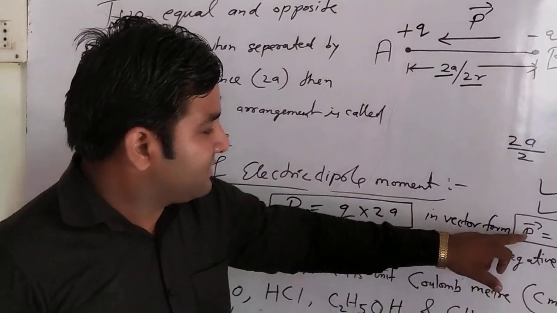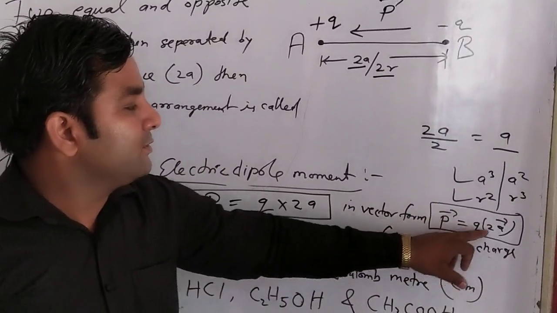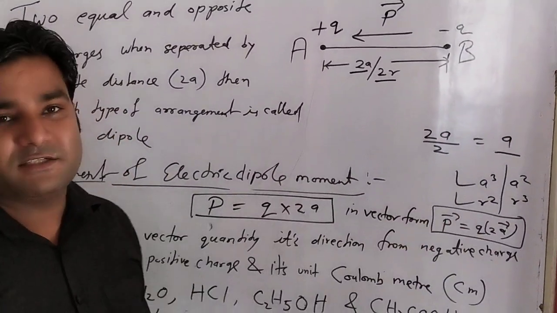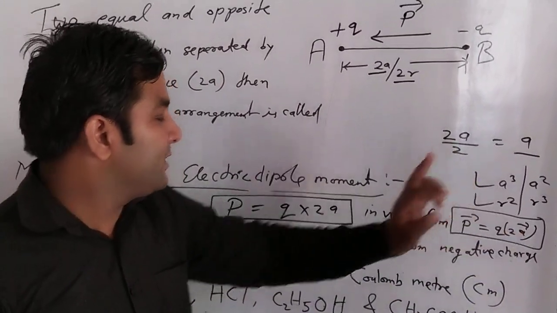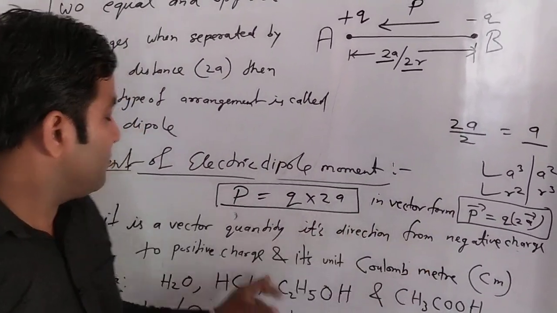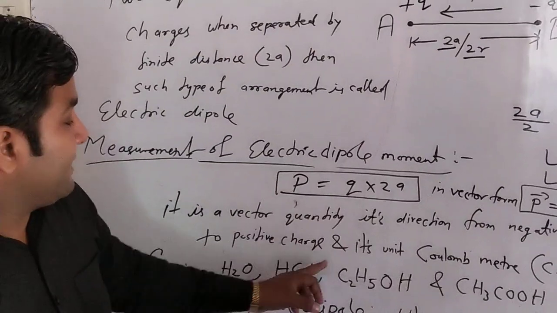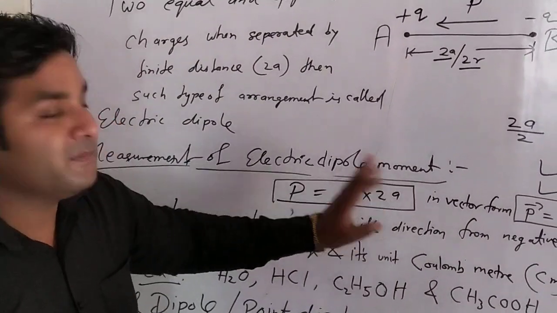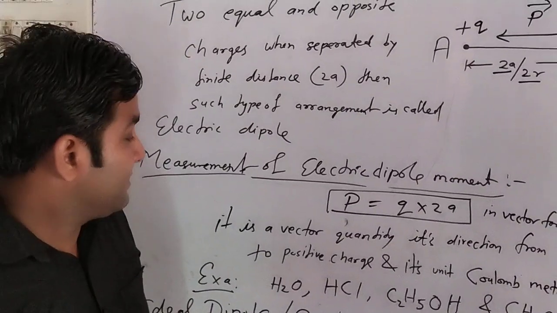In vector form, vector P is equal to Q into 2a, because Q is a scalar quantity, so the vector is on 2a, and the direction is from negative charge to positive charge. Its unit is coulomb meter.